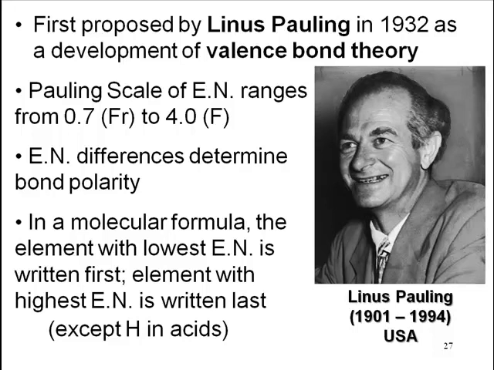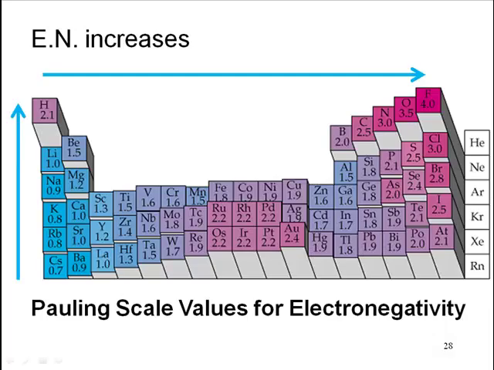What happens in NaCl is the Na gives up the electron, the Cl takes it. It's an ionic bond. Except H in acids, which always messes things up. So the electronegativity increases as you go across the periodic table and increases as you go up. So this is the electronegativity scale.